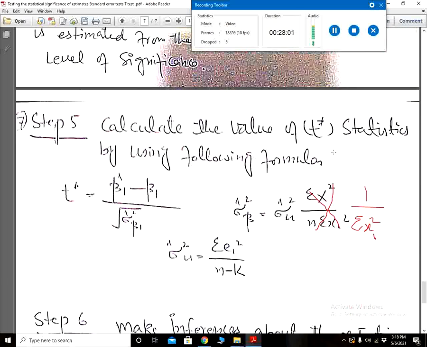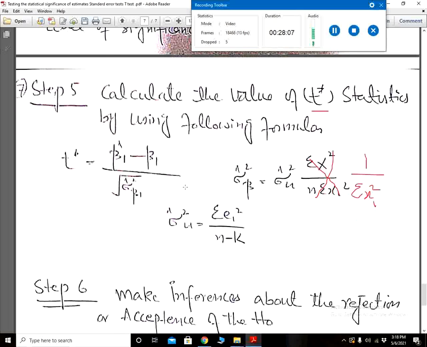Step 5, calculate the value of t star, that is the empirical value of the t statistic, by using the following formula. We use this formula: t star is equal to beta 1 cap, the value of the estimated coefficient, minus beta 1, that is the hypothesized value of beta 1 that we have used in the null hypothesis, divided by the standard error of beta 1 cap.